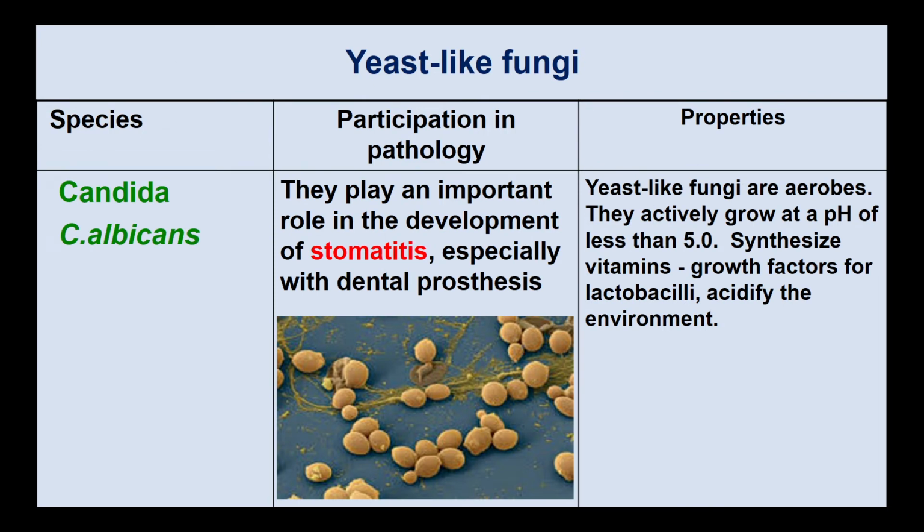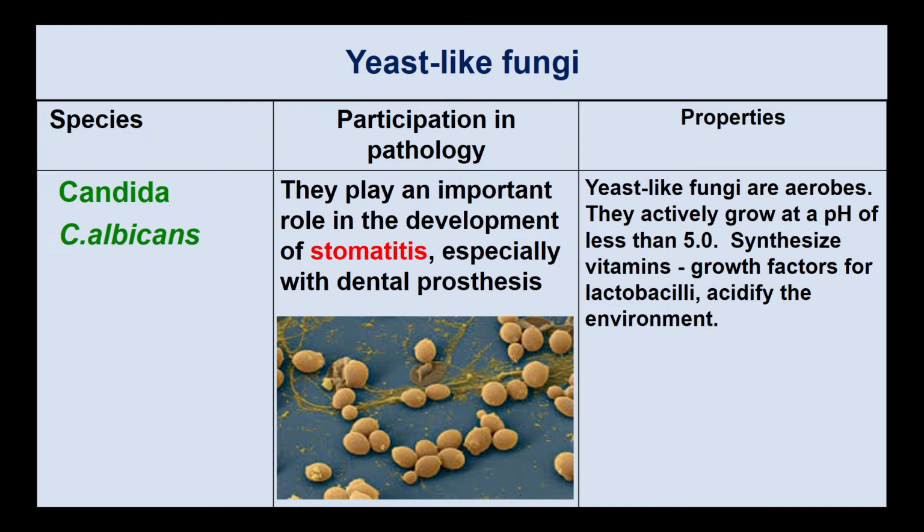Except for bacteria, we can also add to the cariogenic flora fungi such as Candida. The most famous species is Candida albicans. It's a yeast-like fungus, aerobic or facultative anaerobic. It grows very well at low pH. It synthesizes vitamins and growth factors for lactobacilli, and can acidify the environment.